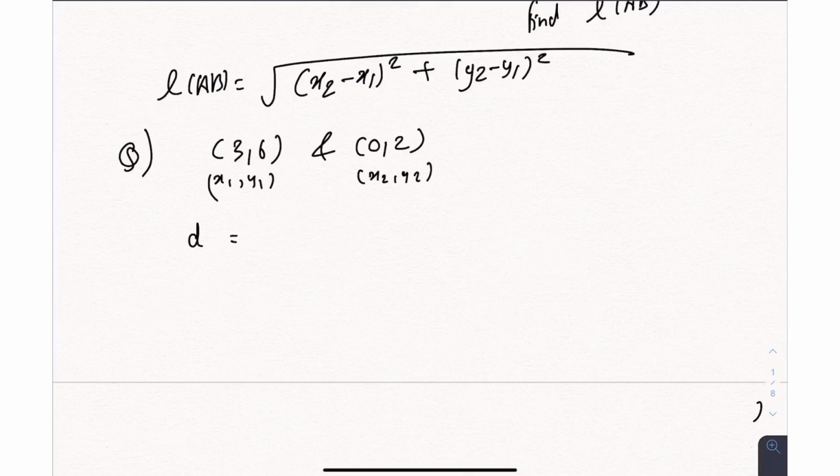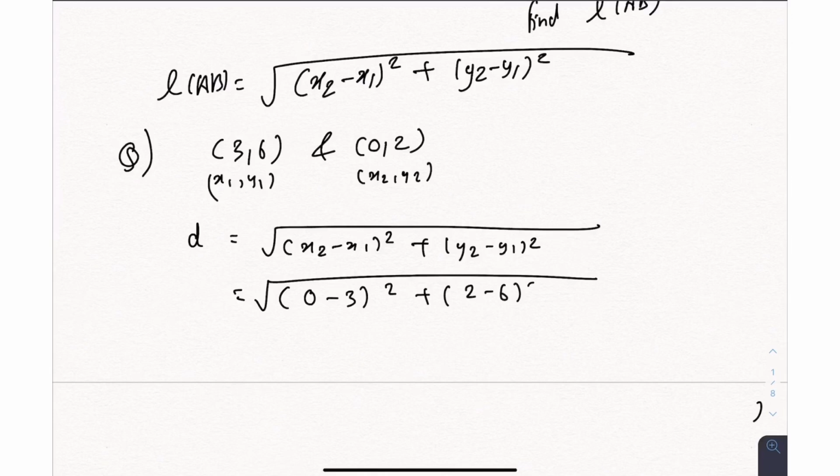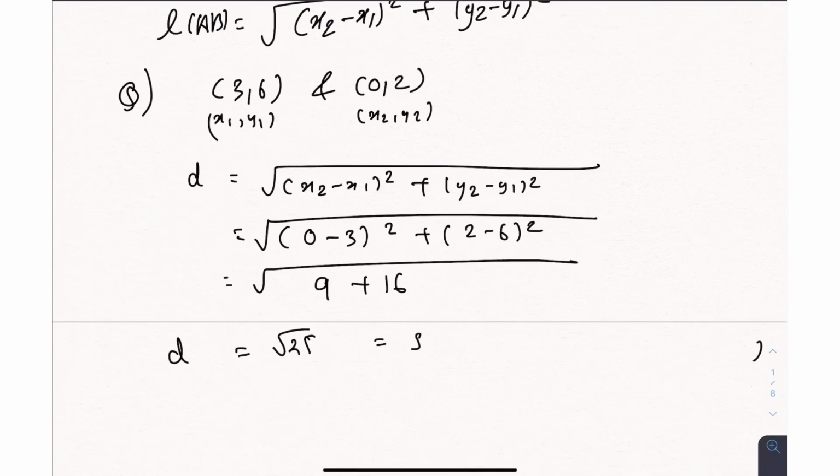The distance will be, first write down the formula, x2 minus x1 the whole square plus y2 minus y1 the whole square, that is 0 minus 3 the whole square plus 2 minus 6 the whole square. 0 minus 3 is minus 3, square is 9, 2 minus 6 is minus 4, square is 16. So the distance will be root 25, and the square root of 25 is 5. So the distance between 3, 6 and 0, 2 is 5 units.